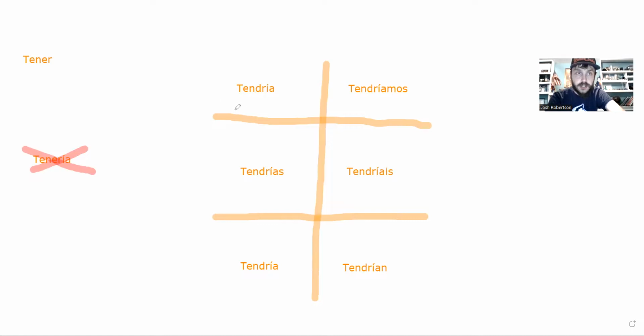So the verb tener conjugated in the conditional indicative is yo tendría, tú tendrías, él, ella y usted tendría, nosotros y nosotras tendríamos, vosotros y vosotras tendríais, ellos, ellas y ustedes tendrían. This is just a falsely conjugated verb with a red X over it.